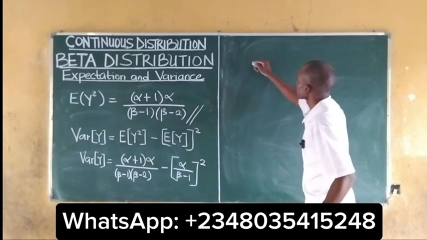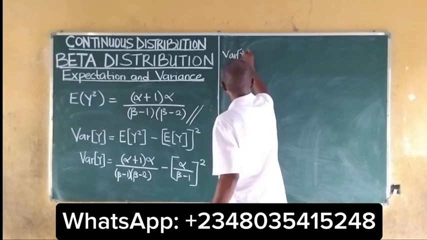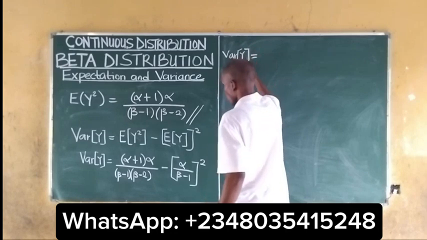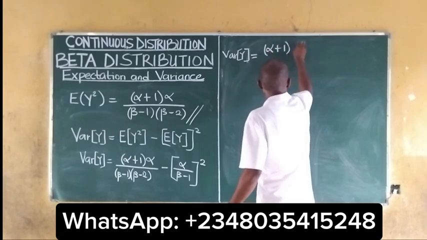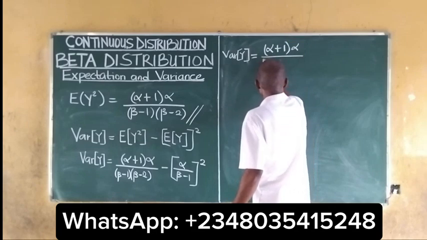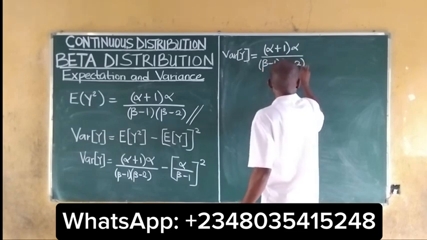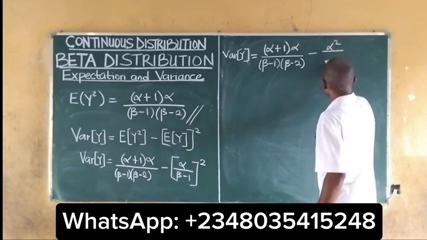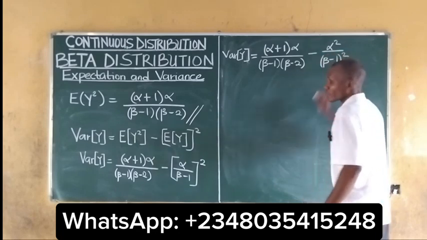If we move over here, we have our variance of y to be equal to alpha plus 1 alpha all over beta minus 1, beta minus 2, minus alpha squared all over beta minus 1 squared.